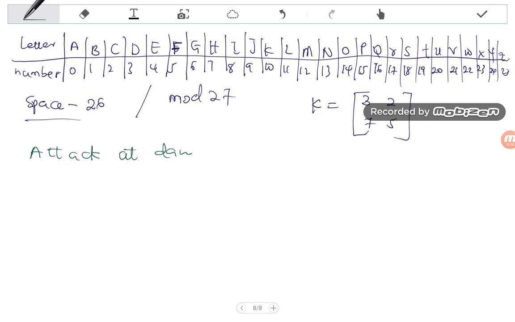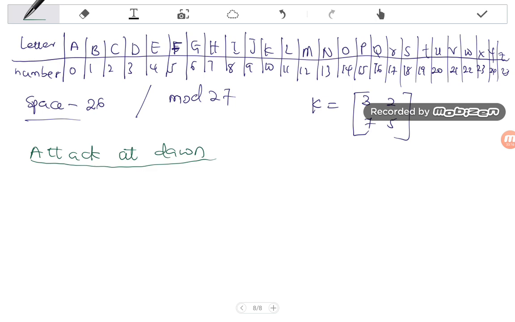So let's try to encrypt the message "attack at dawn". To be able to encrypt this message, first of all, we convert these characters into numbers. We put them in matrix form, and then you lock it up with the key matrix, and that gives you the encrypted message.